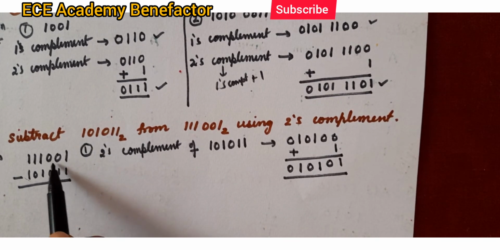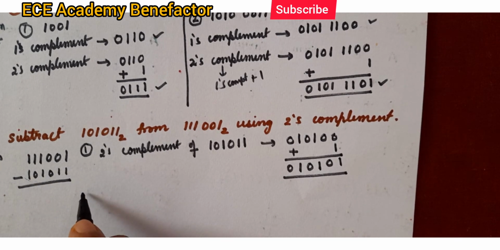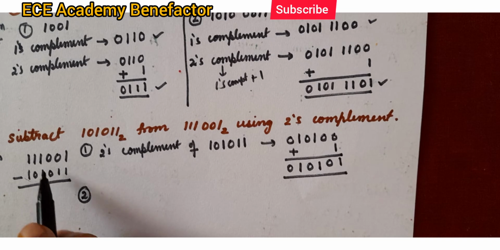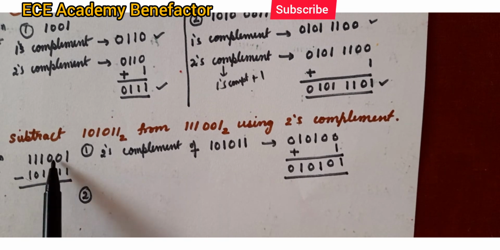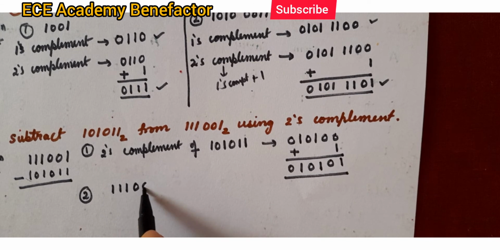Find the 2's complement of this number, the subtrahend, and then you have to add this 2's complement to the minuend, that is 111001.